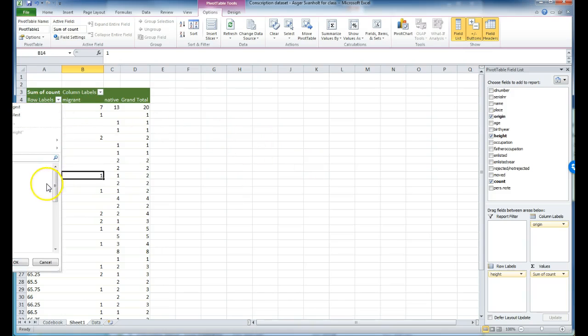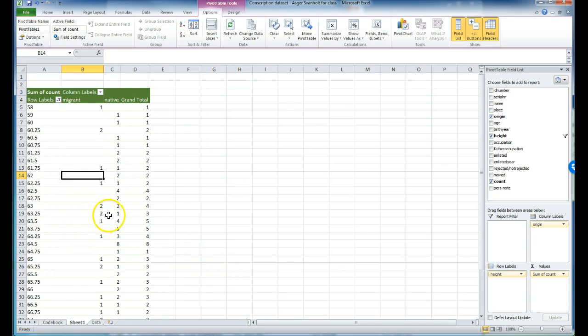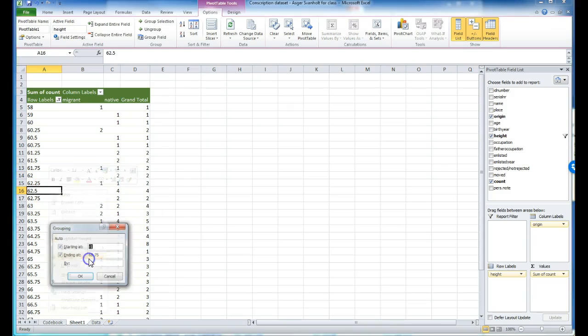We can do it here by selecting it, and then we are sure that we are not going to include it. We have already learned how to group things, so this is something we could do. We could just go and say group. We start at the first one that we have, probably something like 55, and then we go up to the last one that is given, and we go by 5 inches, let's say.